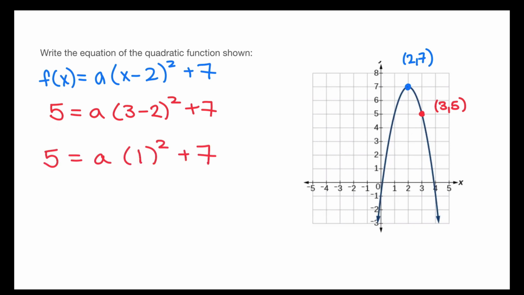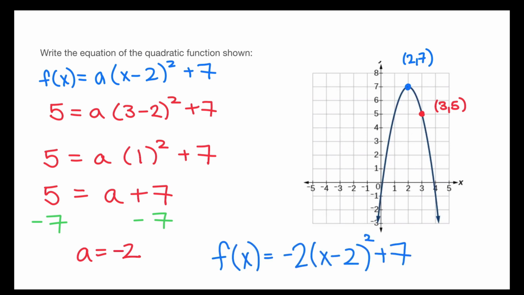So then to solve, let's see, 3 minus 2 is 1, so I've got 5 equals a times 1 squared plus 7. 1 squared is 1, so this simplifies down to 5 equals a plus 7. We subtract the 7, we get a equals negative 2. And so plugging that in, there's my final answer. f of x equals negative 2 times (x minus 2) squared plus 7.